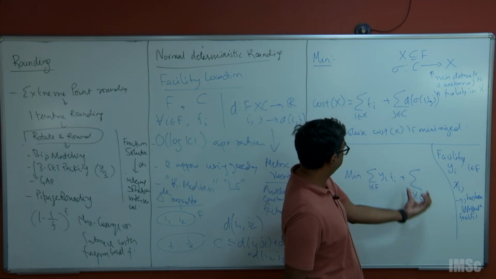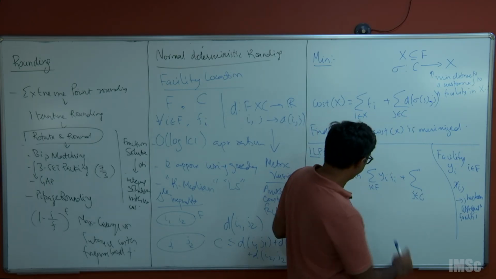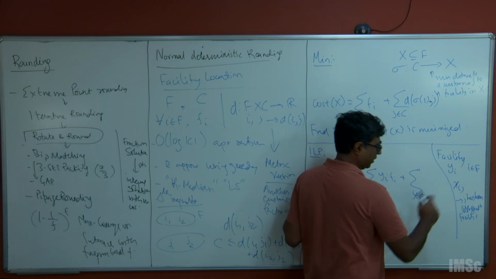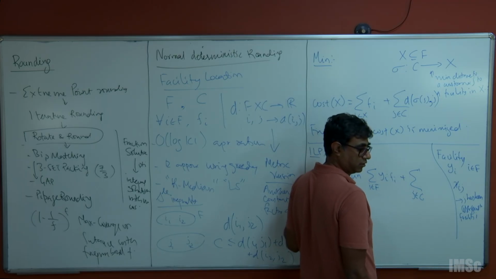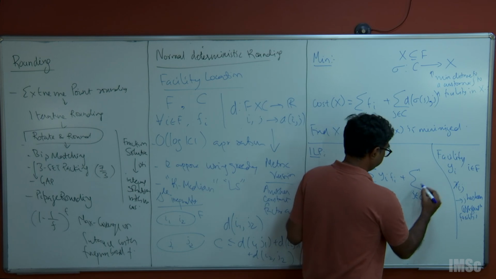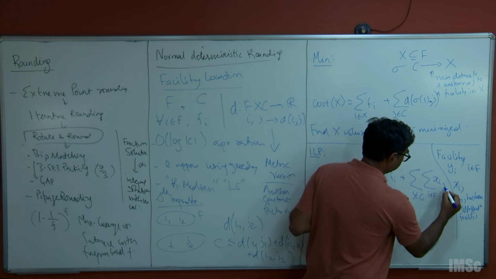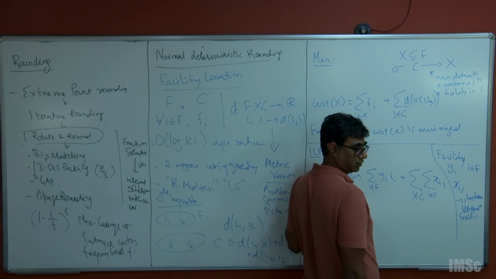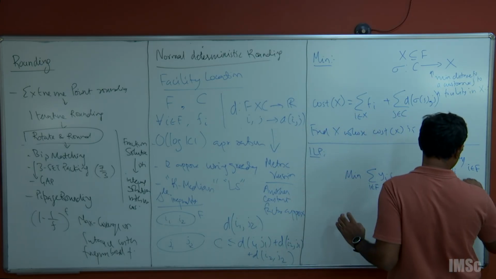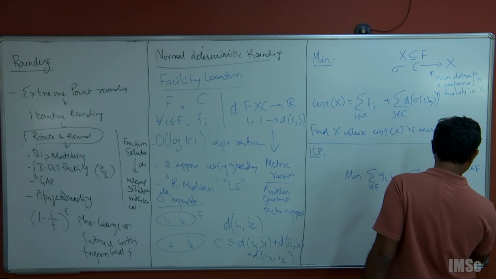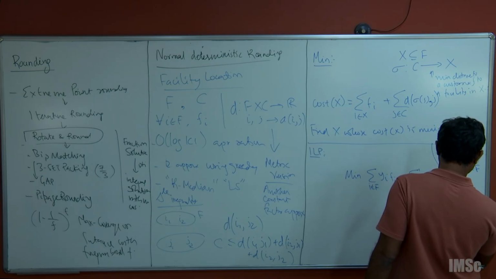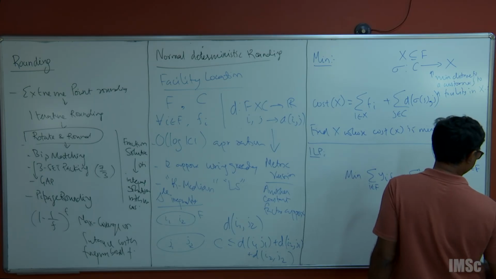Suppose I have run this. For each j in C, i in F, x_ij times the distance d(i, j). Is that what you are saying?